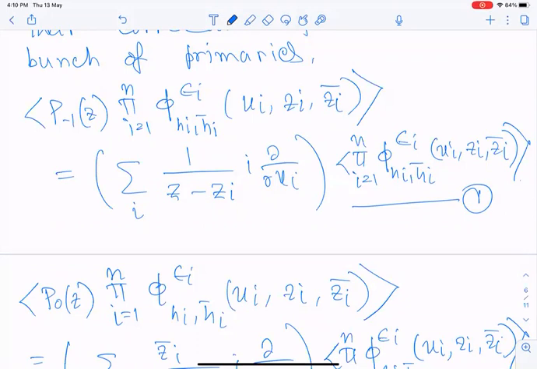You can just think of this as an abstract three-dimensional space, and the only thing required is that the Poincaré group acts on this u, z, z bar space in the same way as it acts on Scri plus. That is essentially what I mean by saying that this theory is defined on Scri plus, not more than that.